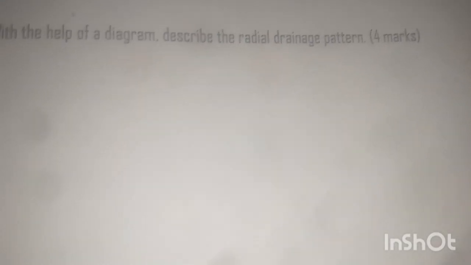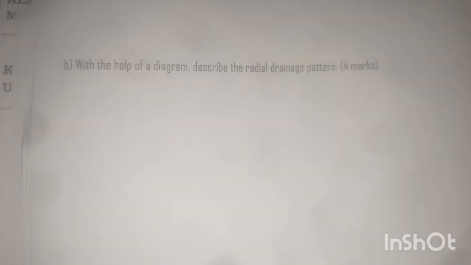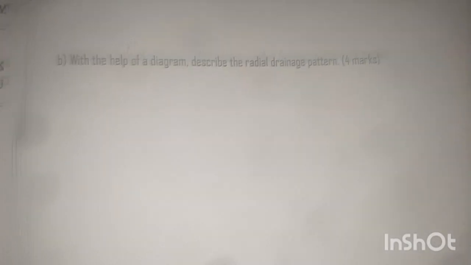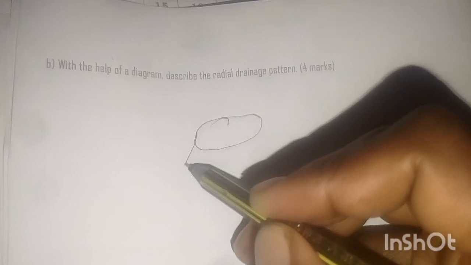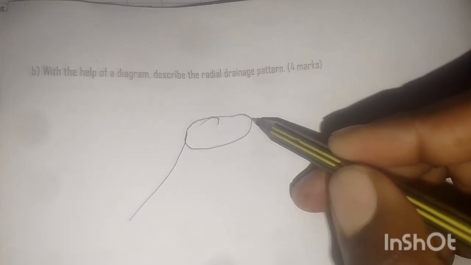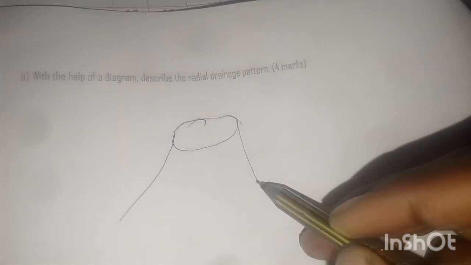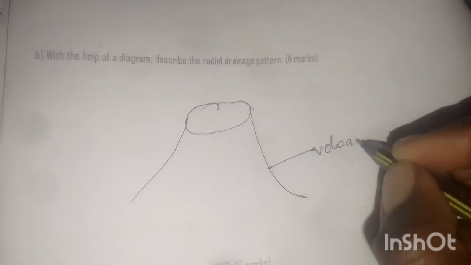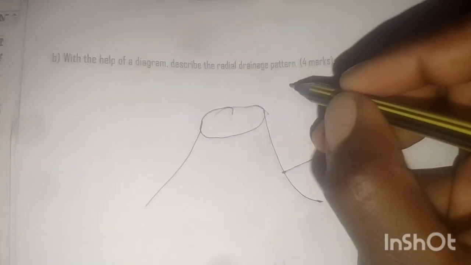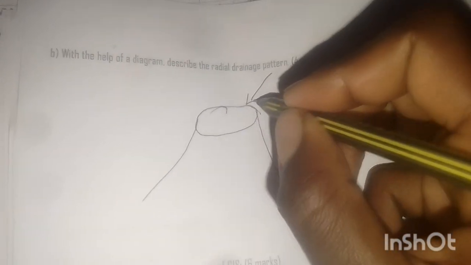With the help of a diagram, describe the radial drainage. So radial, usually it happens on top of a mountain. Let's say this is our volcano here. So you'll find different tributaries radiating.